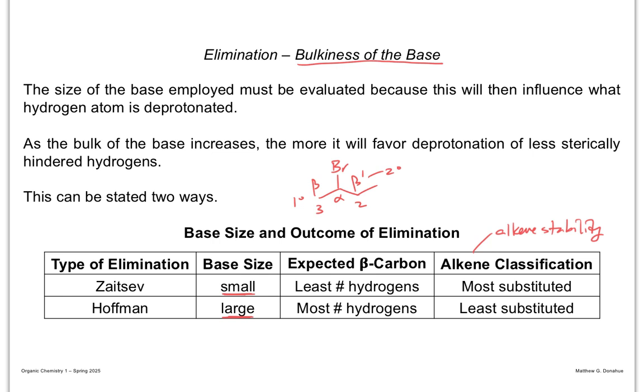So even though, based on alkene stability, you want to form an alkene that's more substituted, you can alter that by choosing the size of the base. The thing to remember: Zaitsev gives you the most substituted, and Hofmann gives you the least substituted alkene.